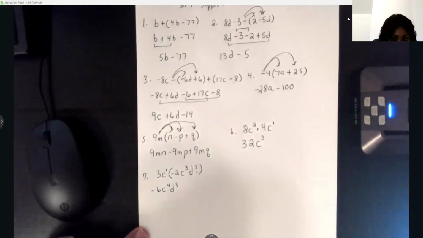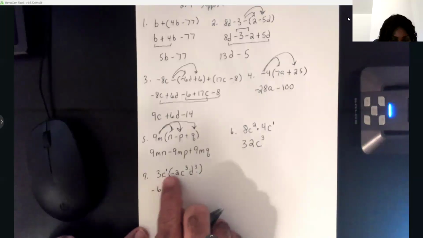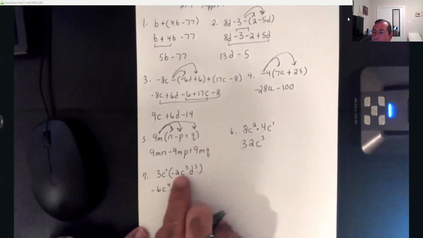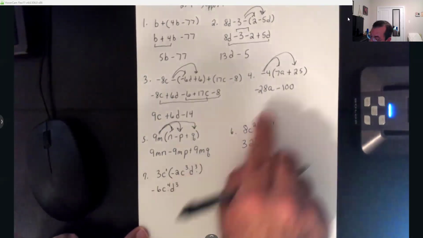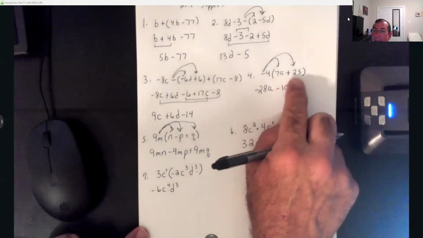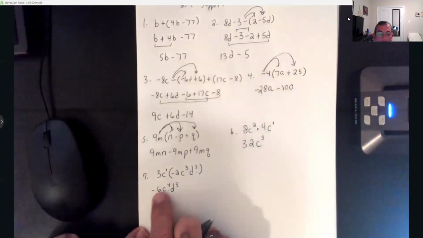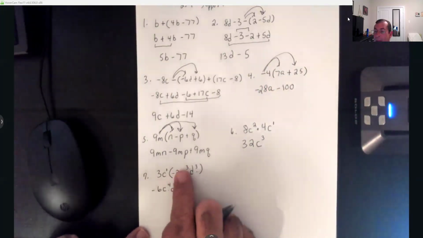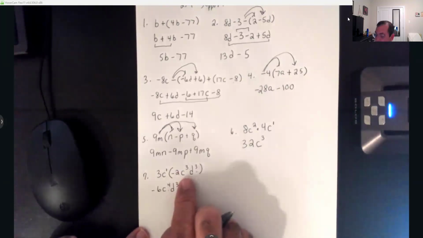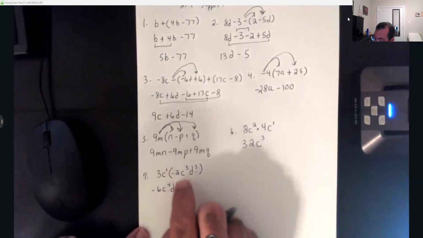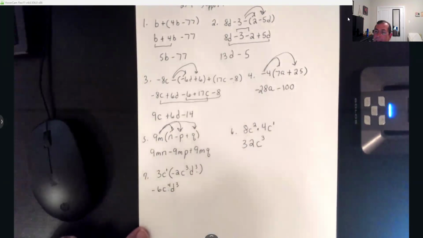Now the reason I didn't distribute that is because all this stuff's being multiplied in here, okay? Y'all see the difference? Up here you had adding and subtracting, so in between you distributed. Here, this is one thing times one big thing. Since they're not being added or subtracted, we just multiplied the numbers, the c's, and brought down the d, okay?